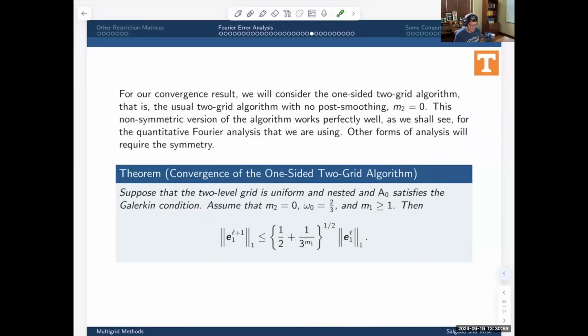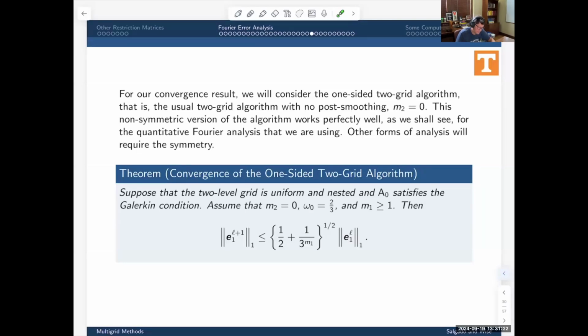Well, we're going to get to that right now because we're going to talk about the convergence of the two-grid method. So this is the main theorem of this whole chapter. And it says that ultimately, if I use this two-grid algorithm, then I'm going to be guaranteed a convergence. And here's the sense in which it's going to be guaranteed convergence.